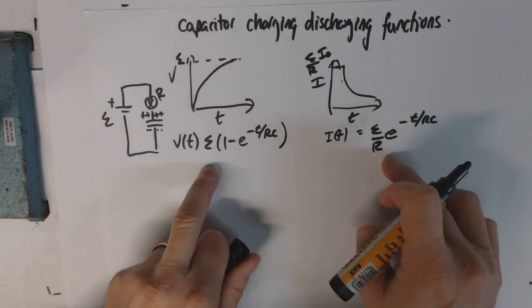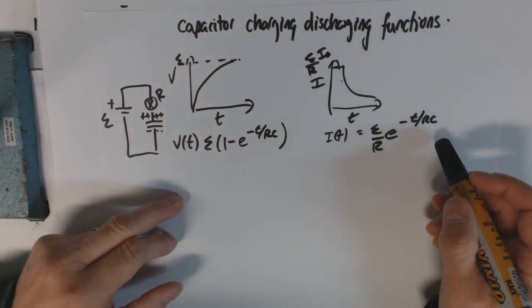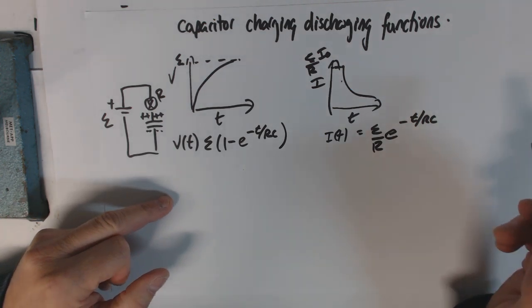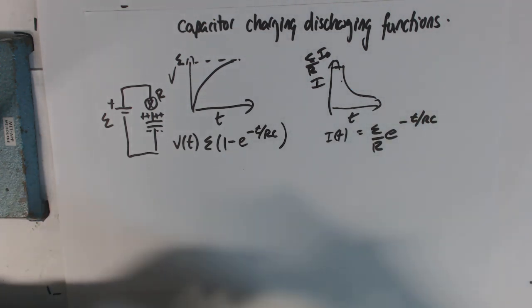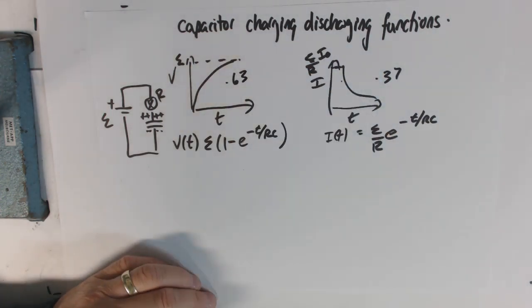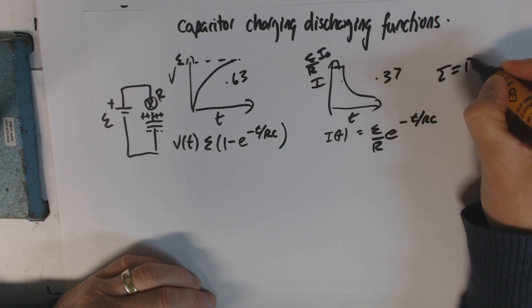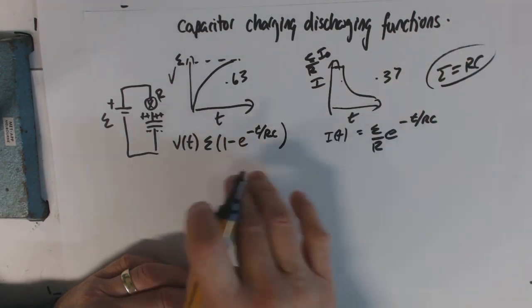Now, these formulas here we need to know for some problems that we're going to solve. And when you've got these formulas, you can actually see where the 0.37 comes from for this graph, and the 0.63 comes for that graph for the time constant being RC. And you can also see where that time constant came from with these equations.